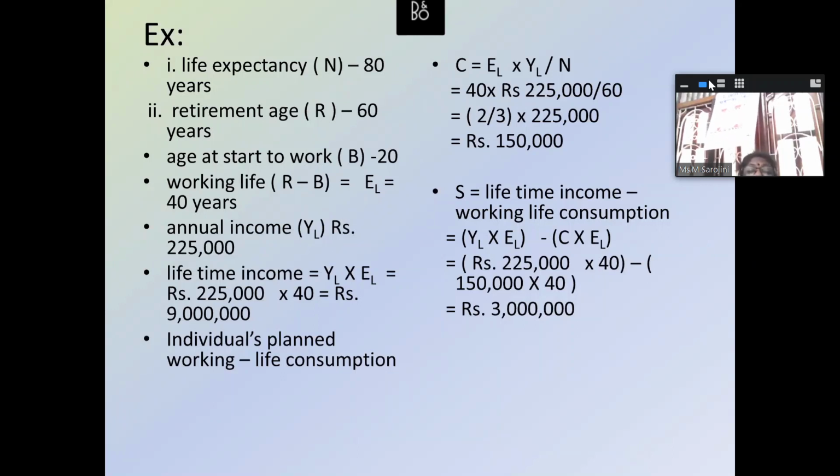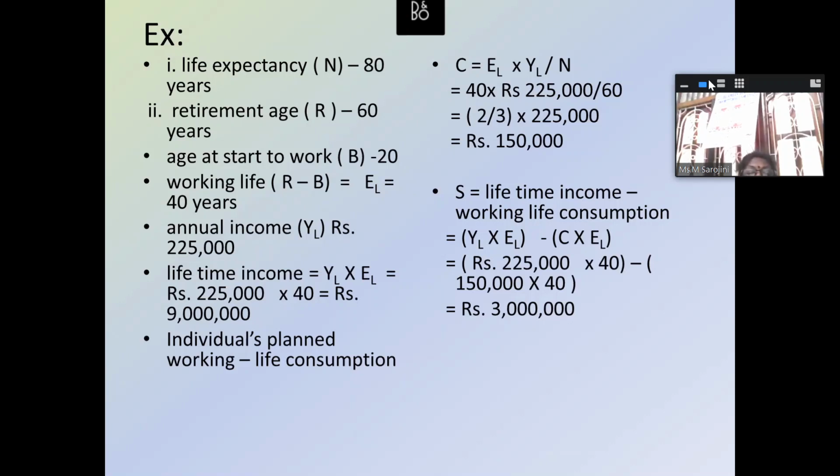And the annual income is given, normally that will be given. The annual income is 225,000. Now we have to derive the lifetime income. You know that lifetime income is equal to annual income into the lifetime earning. Lifetime earning is 40 years.